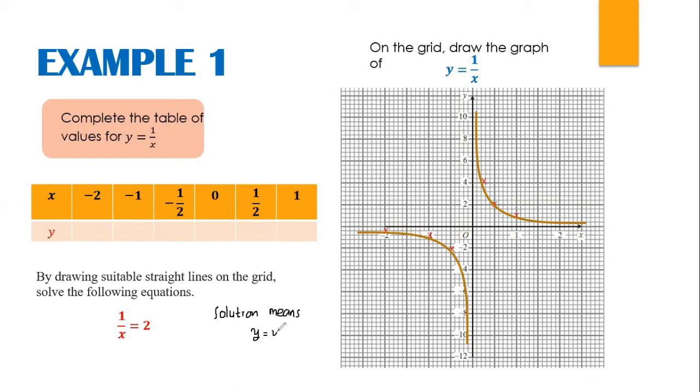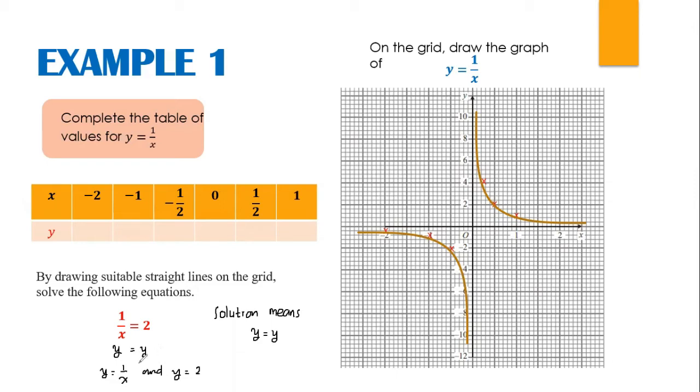y equals y. So what does it mean? When we separate this equation into two parts, it will be y equals y. So y equals 1 over x and y equals 2. That's the meaning. 1 over x equals 2 means y equals y.